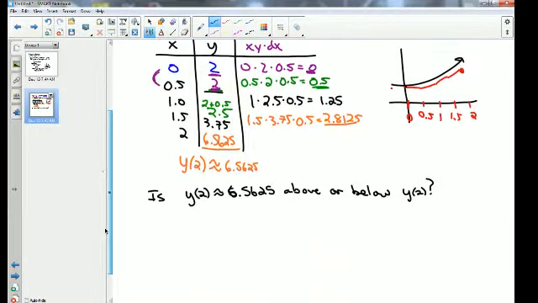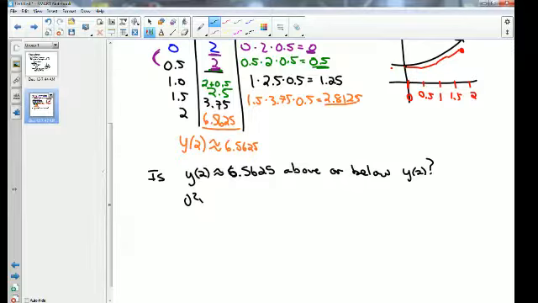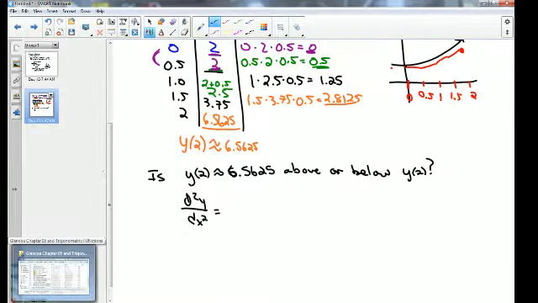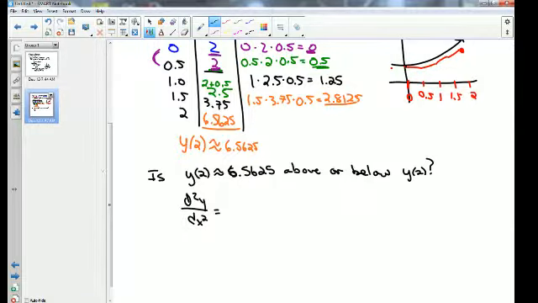Second derivative. Anybody? y plus x dx. So y plus x times xy.